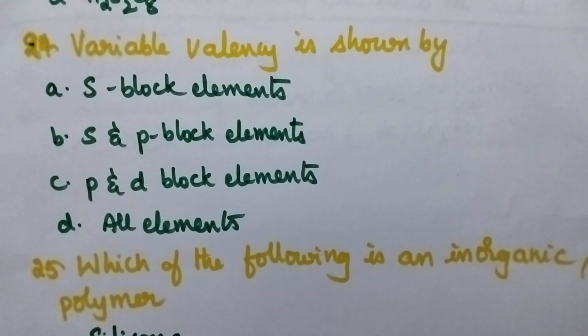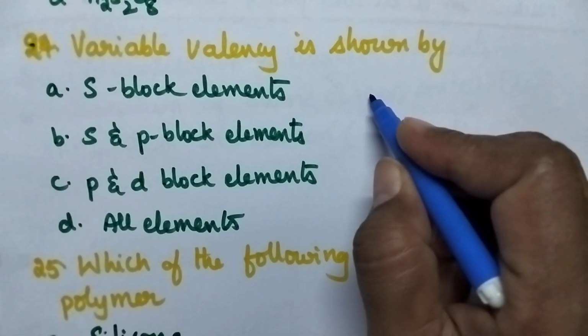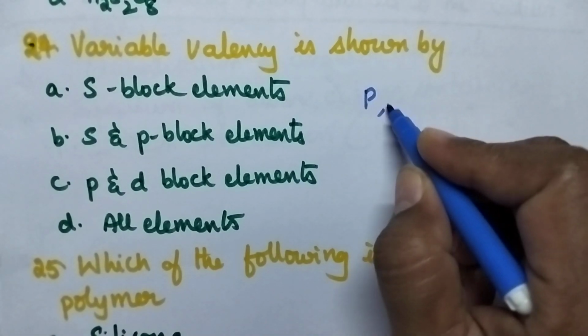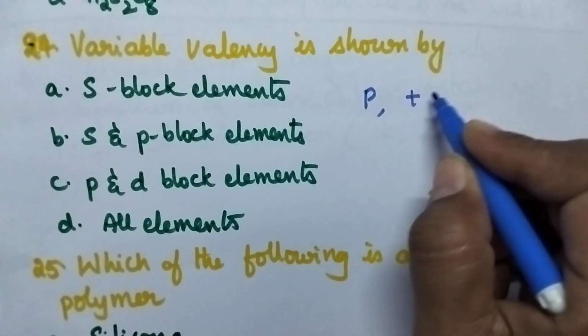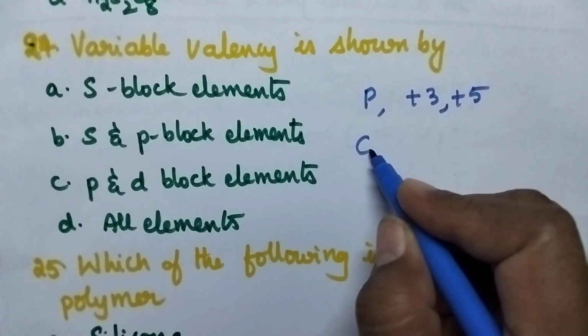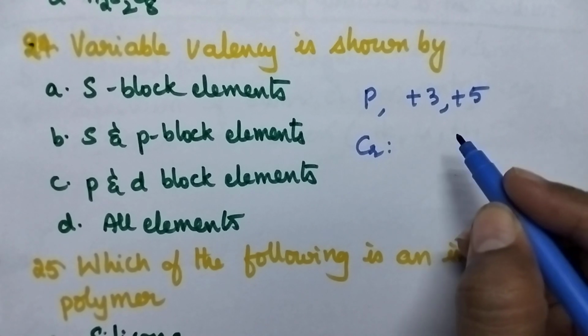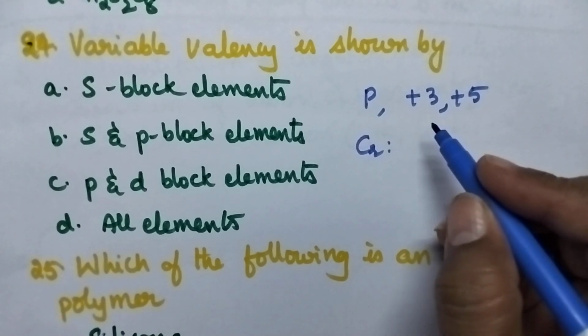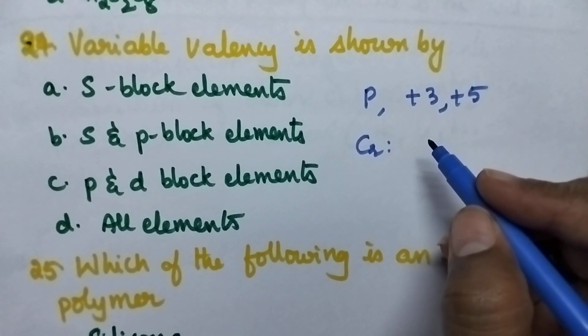Variable valency is shown by. If you consider p block elements, for example phosphorus, it exhibits +3 and +5 oxidation states. Similarly, d block elements exhibit a number of oxidation states. Variable means not a single oxidation state, but more than one oxidation state.